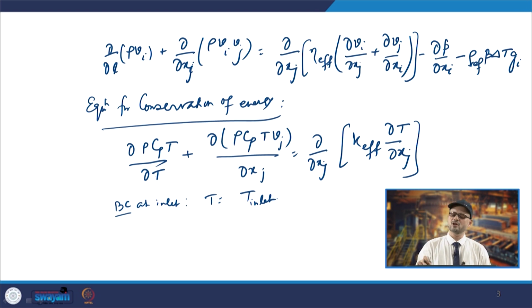Now, if you talk about this equation, we try to write it in a non-dimensional form. So, you will have the non-dimensional forms like rho star, v star. So, you are non-dimensionalizing it, every term is non-dimensionalized.